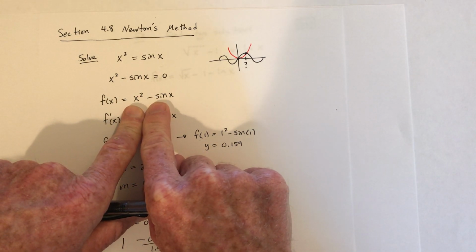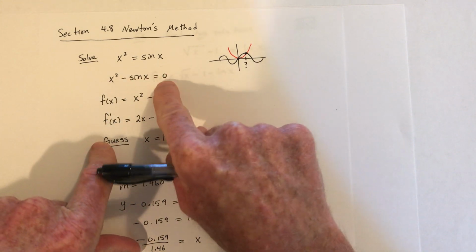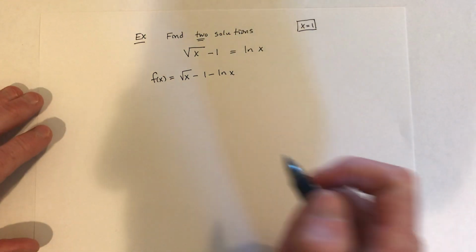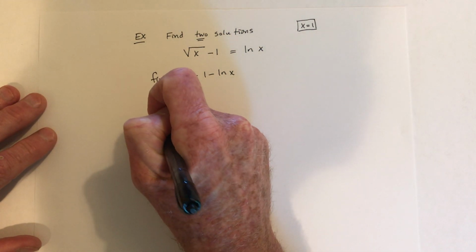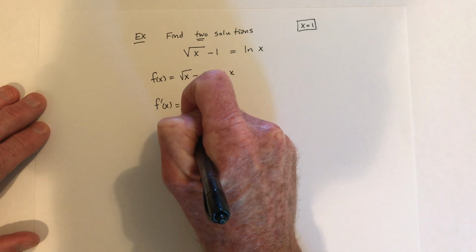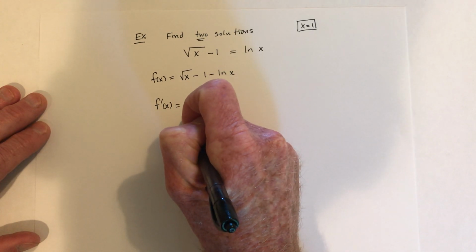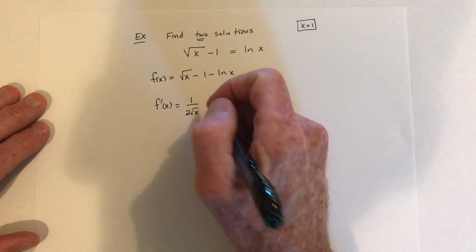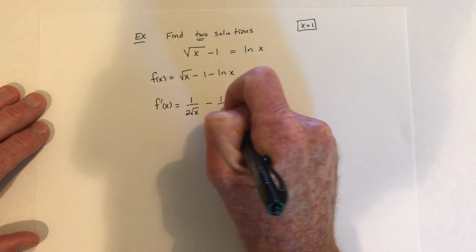Well, if you just skip that part and put that as f of x, that saves you a step. That's fine too. The next thing is need the derivative. So the derivative of square root function is 1 over 2 times the square root function. And the derivative of the natural log of x, that's going to be negative 1 over x.